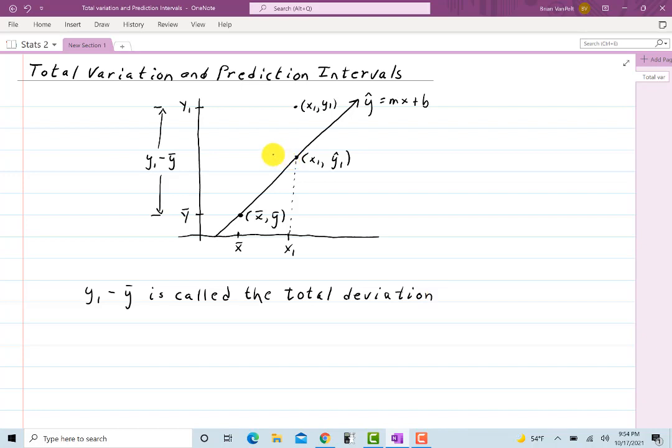And now while I'm at it, let me mark off some other y values. We have y1 hat is there. So then the distance between there and there, that of course is y1 minus y1 hat.